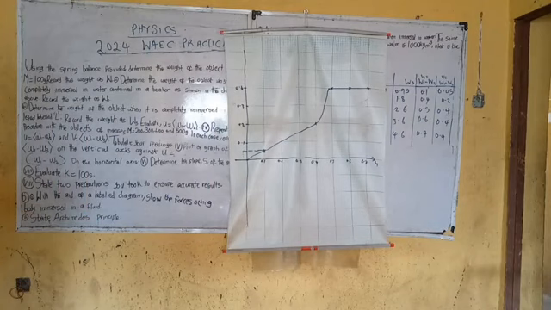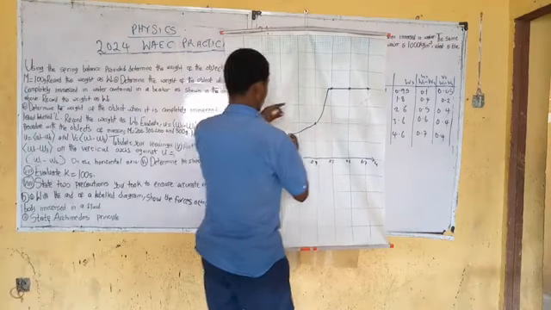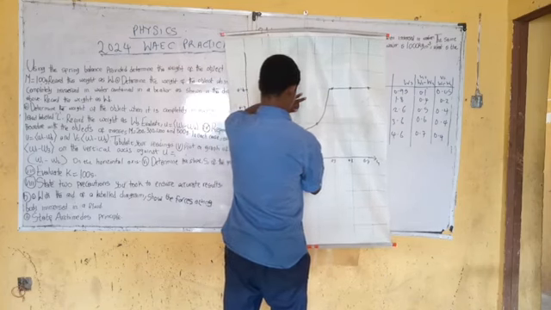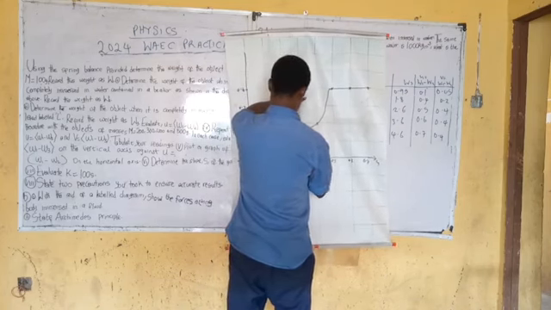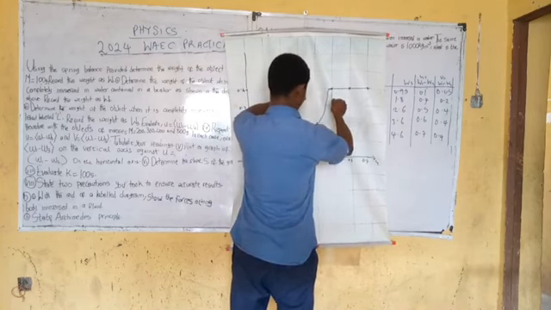So determine the slope of the graph. Evaluate K to be equal to 100 multiplied by slope. So if you are calculating the slope of the graph, we can pick from here, or we pick from here and then to this place.